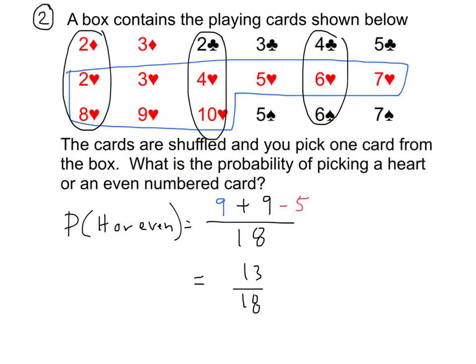In this case, our sample here is pretty small. We could just count to double check, right? 1, 2, 3, 4, 5, 6, 7, 8, 9, 10, 11, 12, 13. 13 out of 18. Okay? So this one you can just see really easily that there are 13 that are either hearts or even. But again, what you really got to be careful of is when you're adding it really fast, you got to subtract the ones that you counted twice.